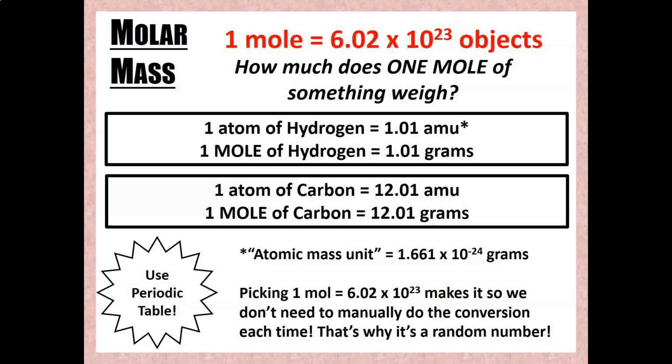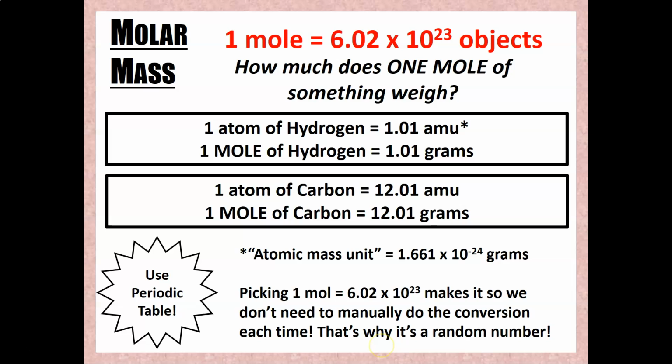So if he picked any other number, this wouldn't have worked out. We would have had to manually do dimensional analysis and converted between AMUs and grams every single time. So this made our life so much easier.